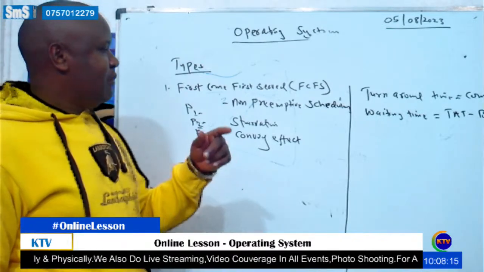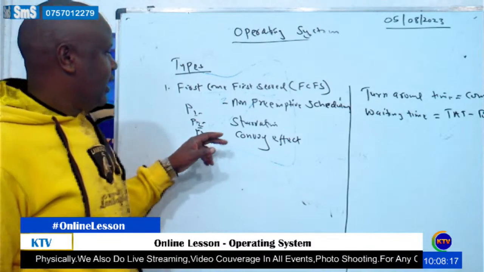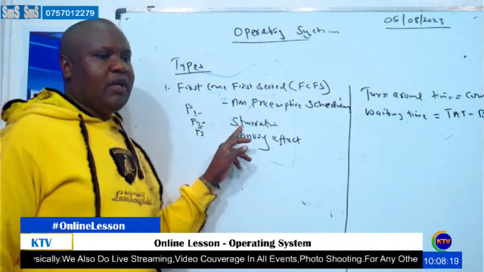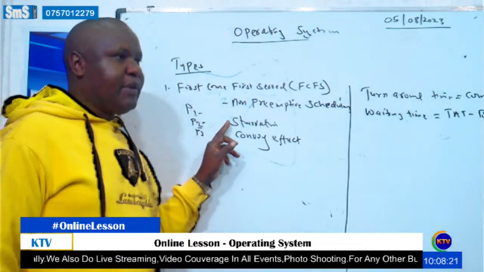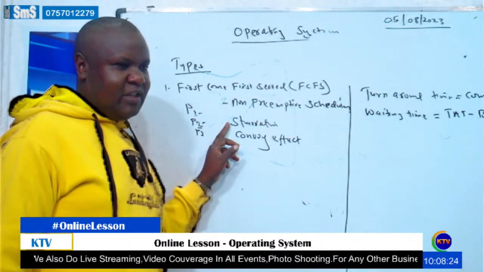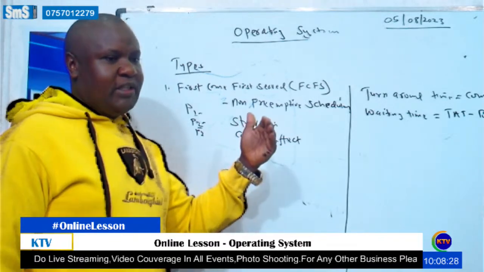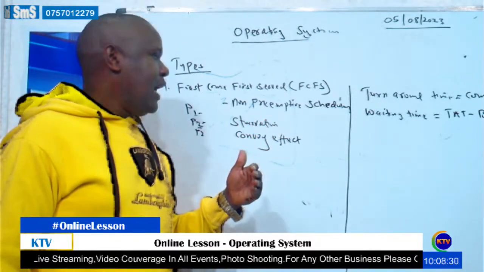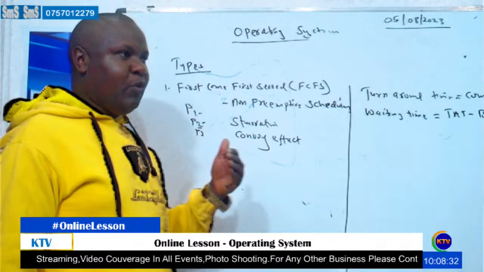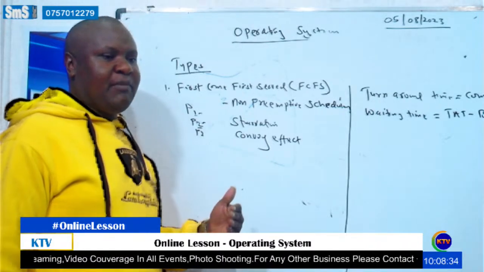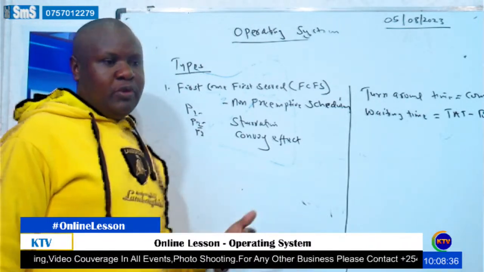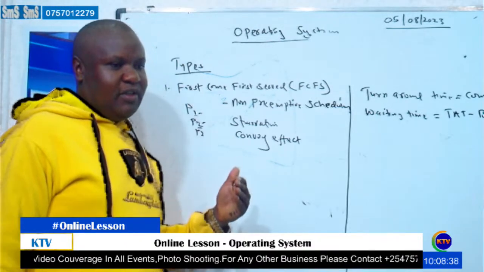And now, for you to be able to differentiate the two, starvation actually applies in preemptive scheduling, whereby a process which has high priority is allowed in, and the others which have lower priorities are kept waiting. So that is what we call starvation.